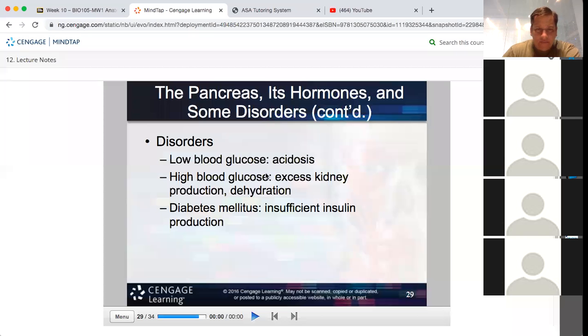So we have all these disorders of the pancreas.